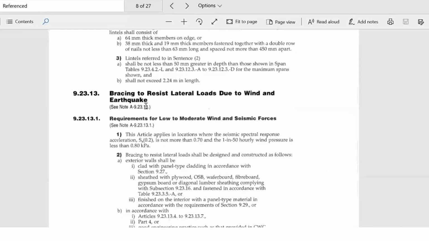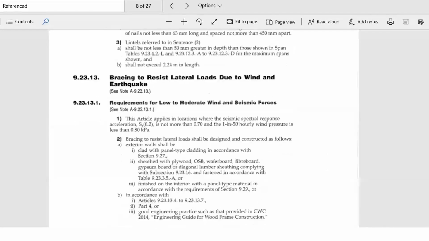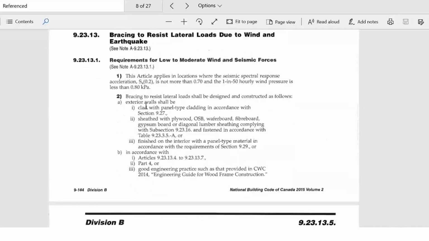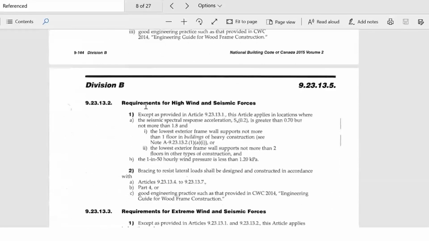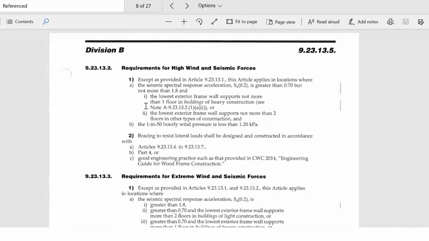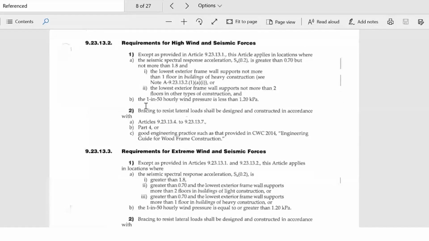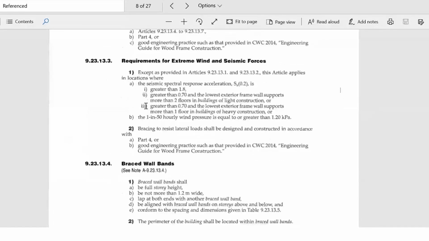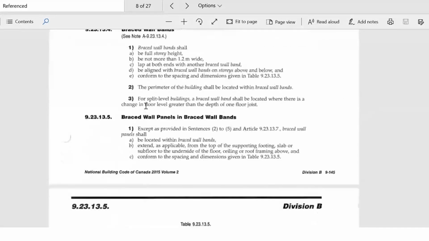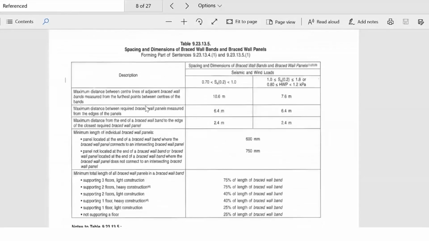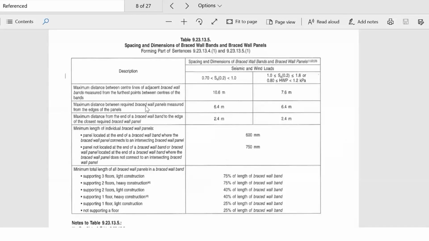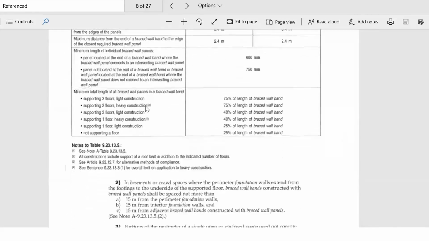Bracing to resist lateral load due to wind and earthquake. So these are requirements related to those elements. And we know where to find those Ss and Sa factors for each region. And we've got bracing for walls, wall bands, and maximum spacing and dimension of braced wall bands and braced wall panels, depending on Sa values.